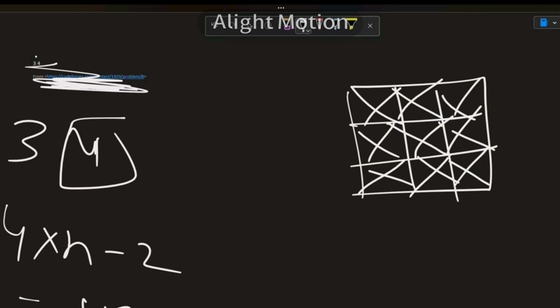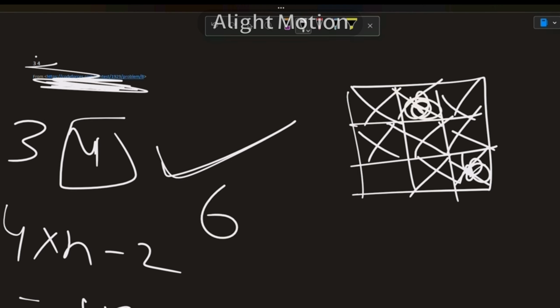Now look, I need to color at least 4 diagonals, right? So I can color this whole box and I can color this whole box. If I do that, then I am able to color at least k diagonals. Okay, so it's clear till now, right? Suppose it is given to us 6, I need to cover 6, then I will color these diagonals as well, this as well.